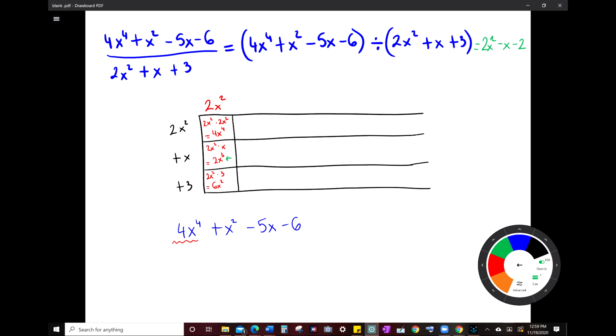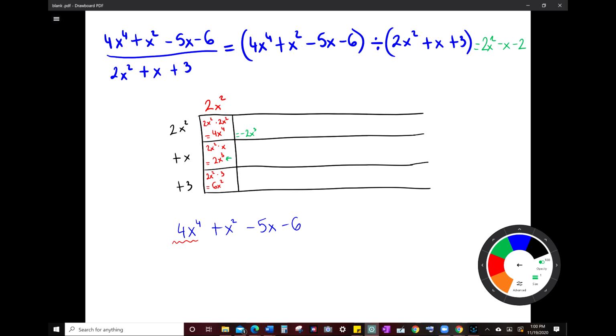Therefore, the best way to get rid of it is to have negative 2x to the 3rd inside this box so that I can cancel them out. So that means I will have negative 2x to the 3rd right here. So then now they can cancel out.